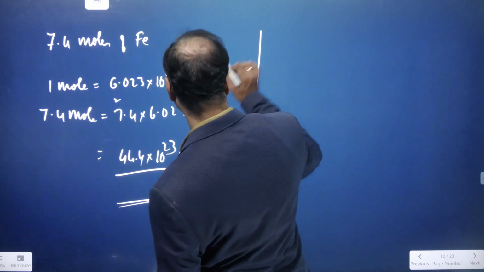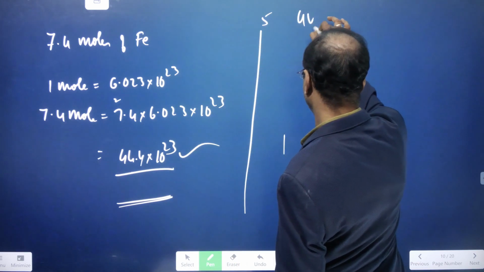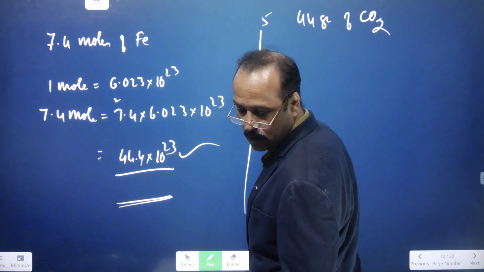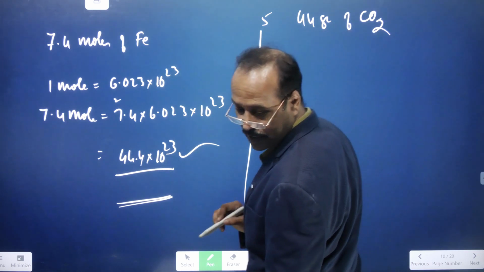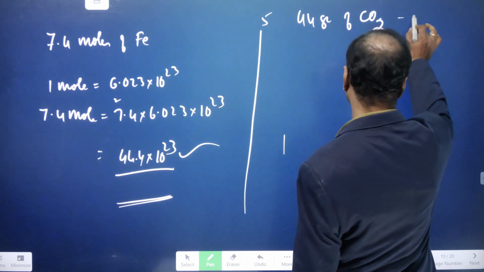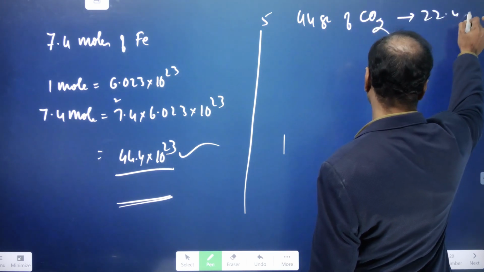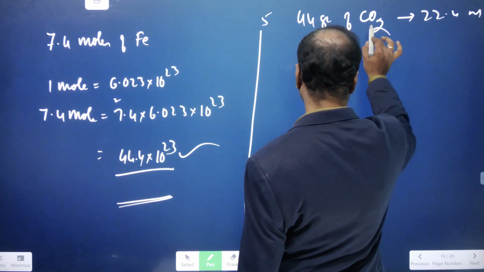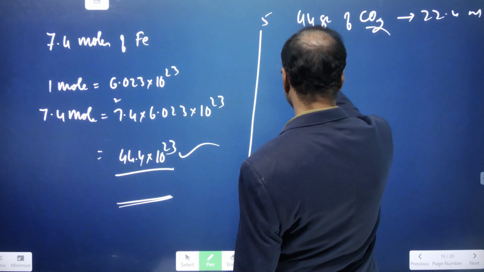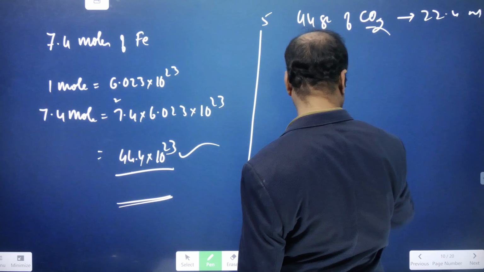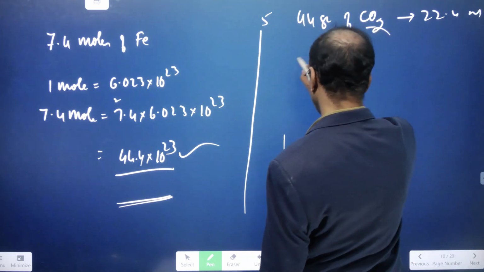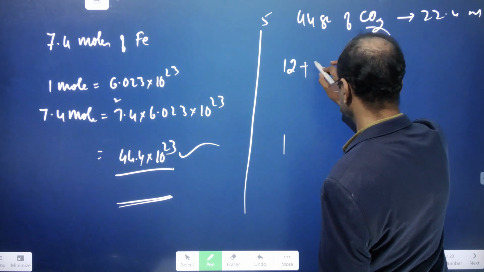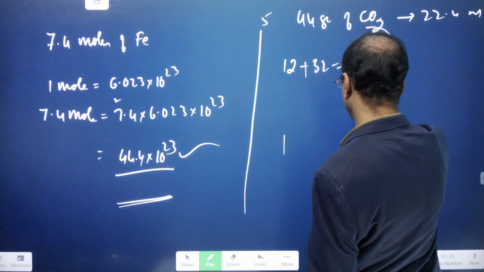Fifth question: 44 grams of carbon dioxide occupies 22.4 liters at. So 44 grams is equal to how many moles? That you have to calculate. Carbon dioxide, just now I told you, we calculated. Carbon is 12 plus 2 oxygens, each oxygen is 16, 16 2s are 32. So that is equal to 44.